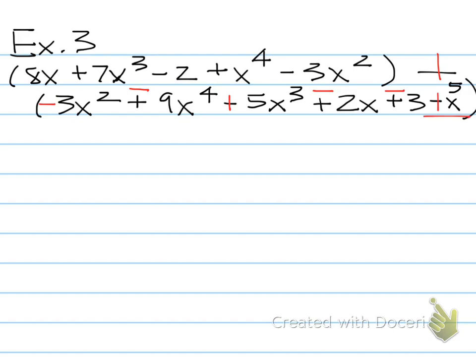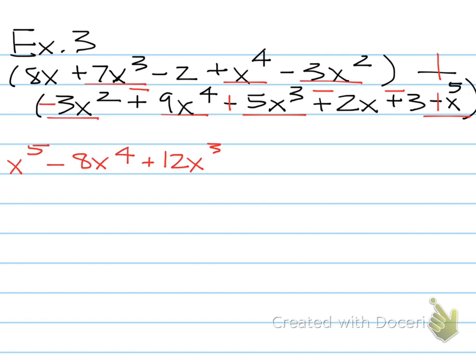Start with the highest power. I only have one x to the fifth term, so I add that to the front of my polynomial. Next is x to the fourth. I've got two x to the fourth terms. 1x to the fourth minus 9x to the fourth is negative 8x to the fourth. Then my x cubed terms, I've got two of them. 7x cubed plus 5x cubed is 12x cubed.